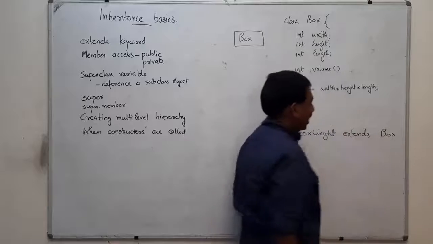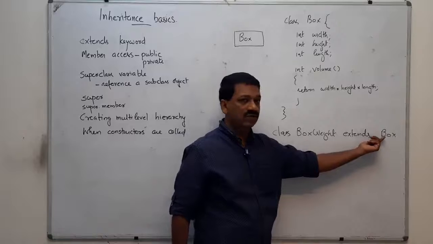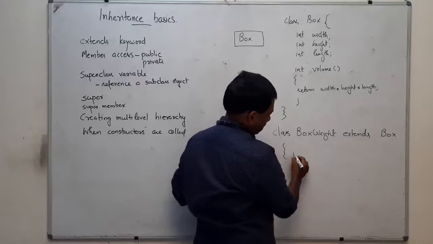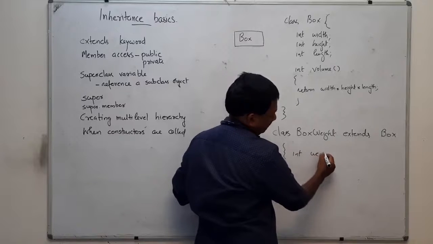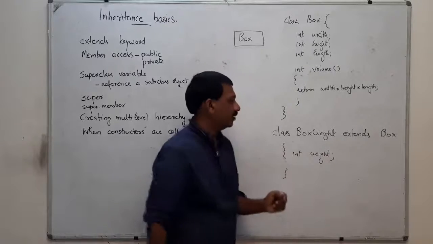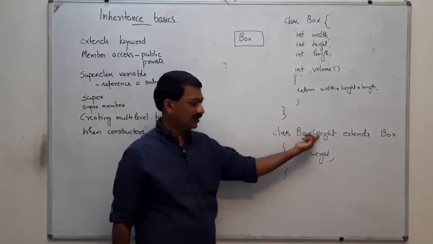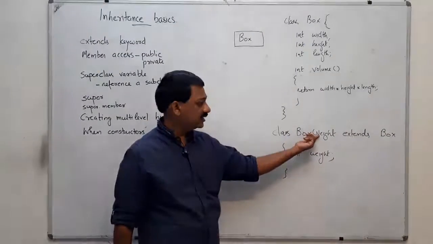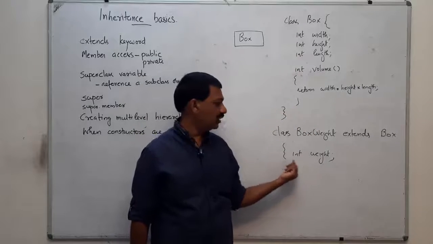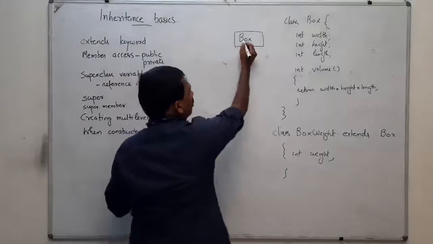That means we are inheriting all the properties of box, plus now we are going to have int weight. Now the box weight class is a class which has all the properties of box plus one more property, which is weight.